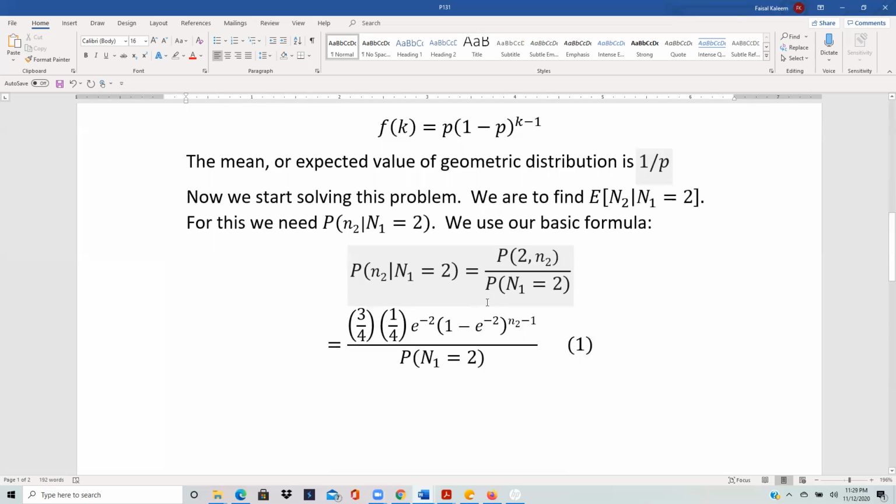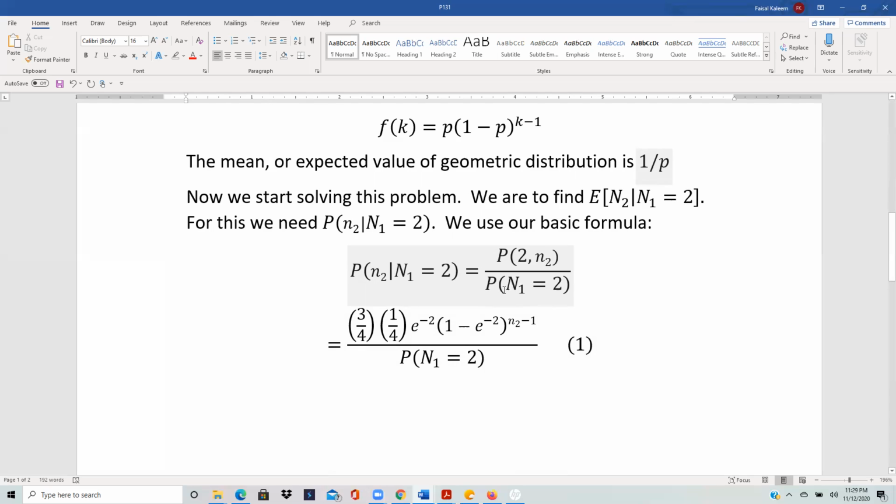So now let's see what the denominator will be. When you have to find the probability N1 equals 2 in the joint PMF, it means you will keep N1 equals 2 and you will sum over all the values of N2. If it's discrete, then you sum. If it's continuous, then you integrate.